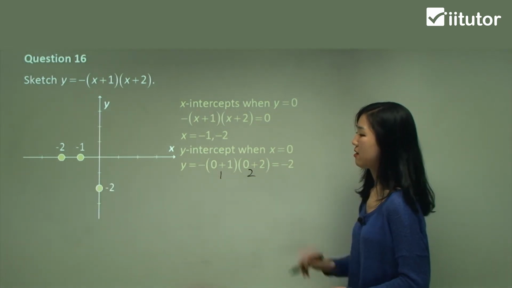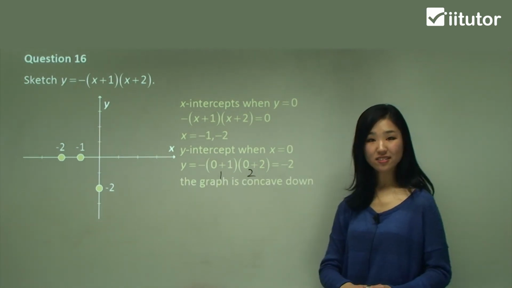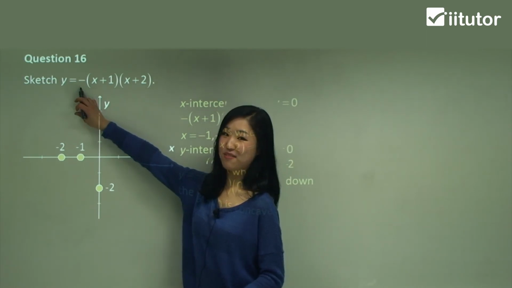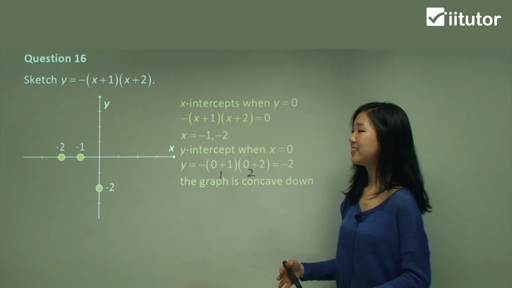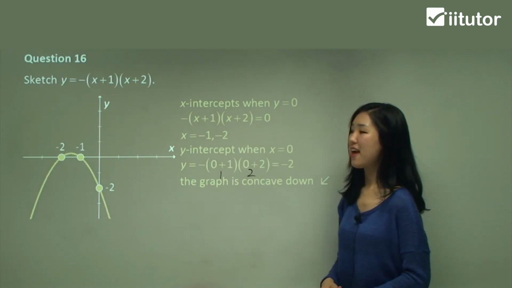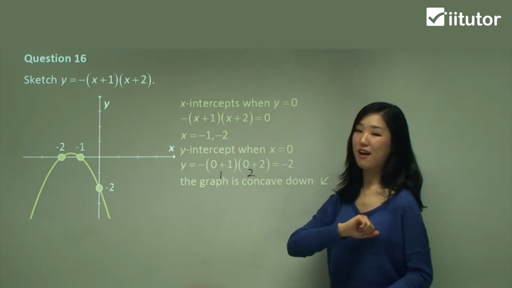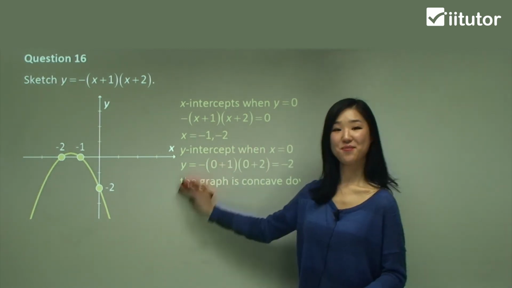And then of course, plot it. And then you know that the graph is concave down because of that little negative sign in front. That indicates the concavity. It's going to be negative, downwards. So just join all those points, making sure it's a downward facing parabola. That's your graph. See how simple those steps were?